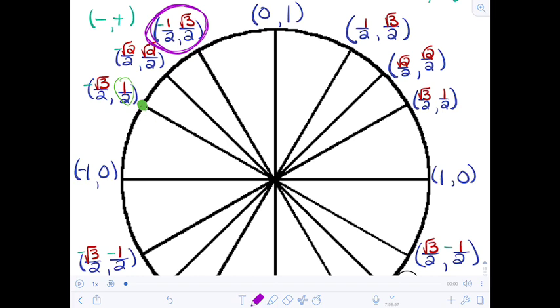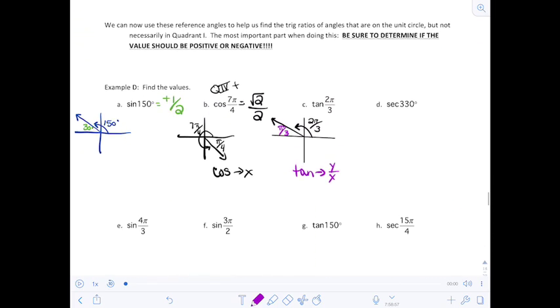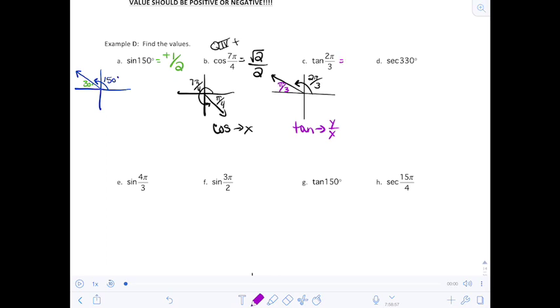So root 3 over 2 over negative 1/2. We know that in quadrant 2, tangent's going to be negative, so it makes sense that we have a negative value in there. Then my 2's are going to cancel, and I'm left with negative root 3 over 1. And there's my value.